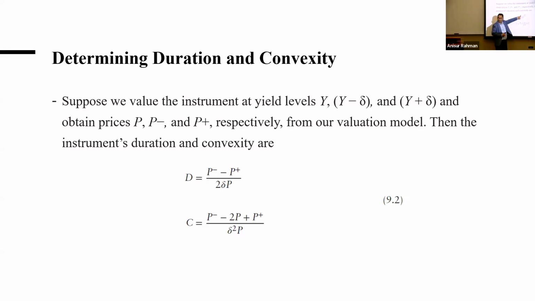P minus indicates that price, the bond price when the yield decreases. P plus, the bond price when yield increases, divided by 2 delta P. So that is the change in yield. P is the original price, the current price, right? And convexity is P minus, minus 2P, plus P plus, divided by delta squared P.